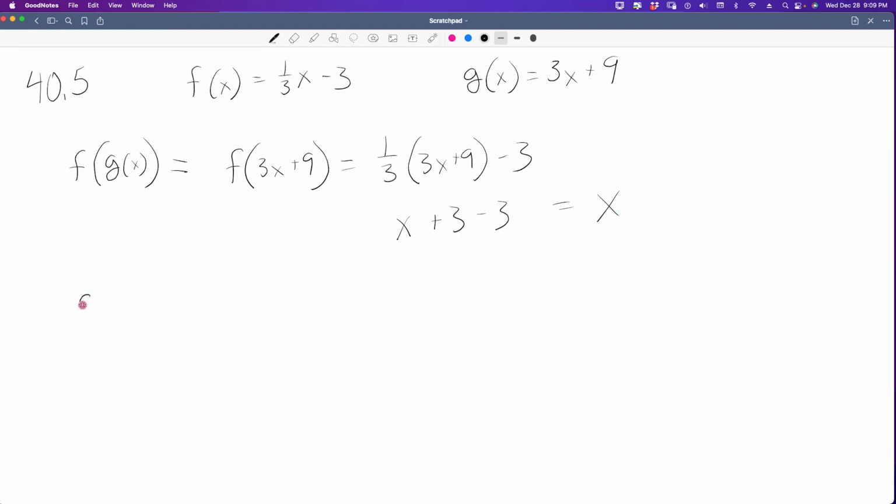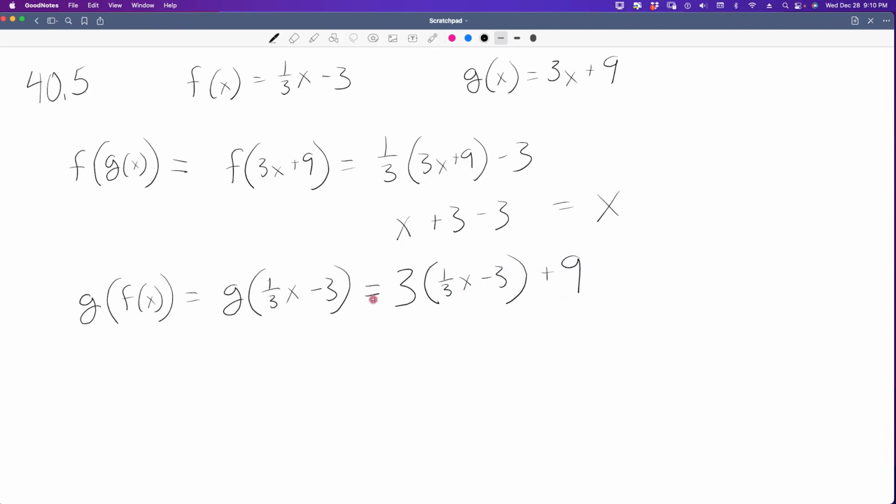So let's do the opposite. Let's do g of f of x. So that would be equal to g with the f of x in it. So 1/3 x minus 3. So that would equal 3 with 1/3 x minus 3, plus 9, because we substituted this in for our x value in g.